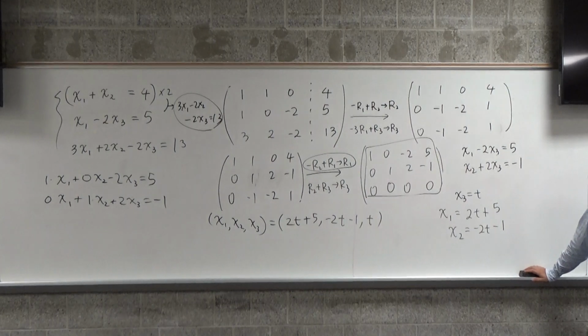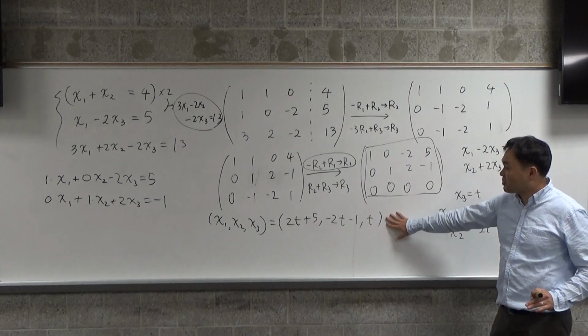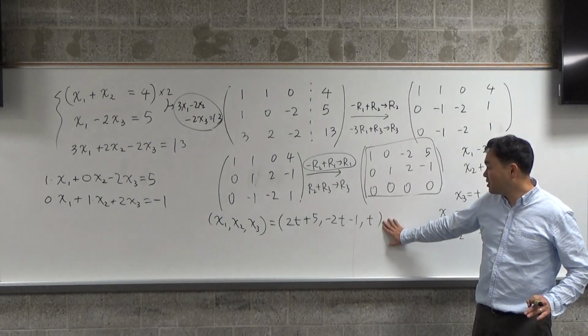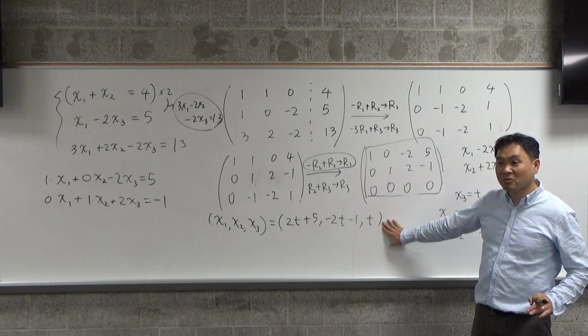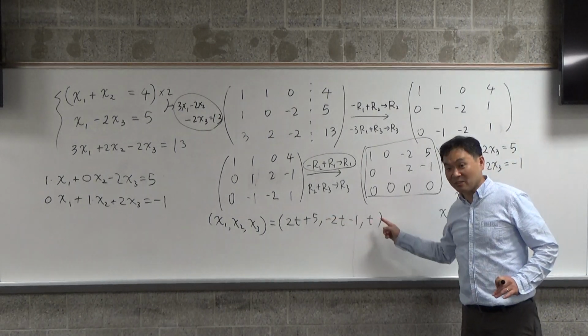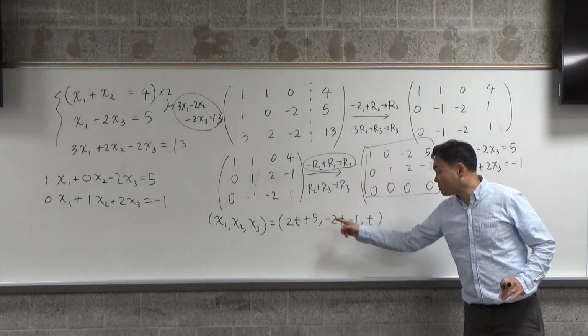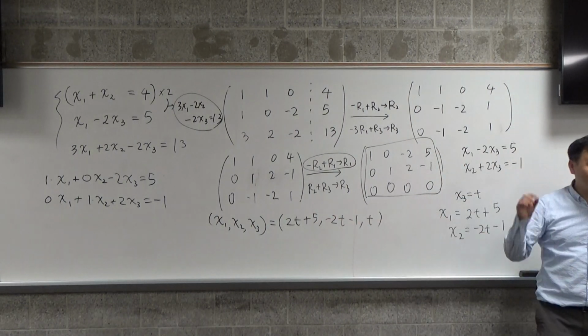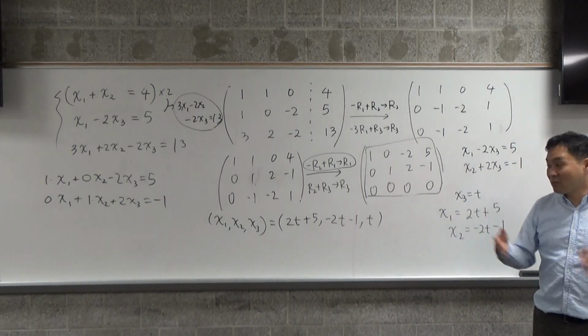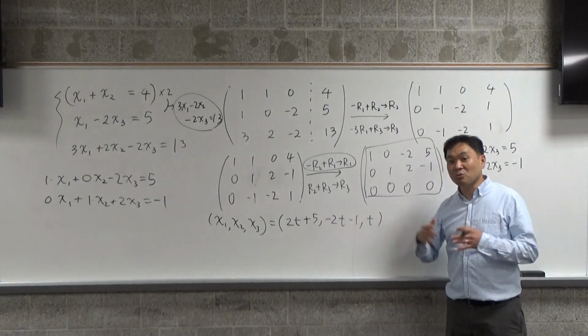Yeah, and as I said, this gives you a line, right? You can imagine that in space, at time t equals 0, there's a point at 5, negative 1, 0. And then as time progresses, it's moving along this line, right? When t is 1, you get 7, negative 3, 1. So it gets the next point, and every time t increases, this is a point that moves.